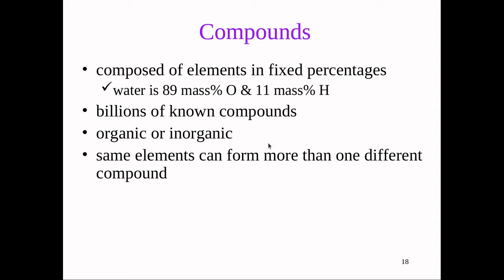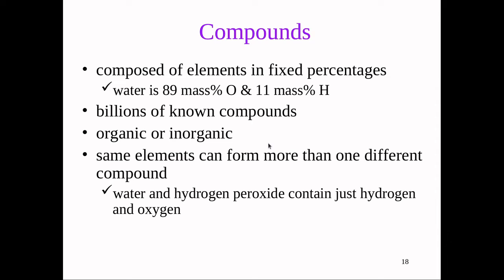The same elements can form more than one different compound depending on how they're bound to each other. For instance, both water and hydrogen peroxide contain just hydrogen and oxygen, right? Water is essential for everyday life, and hydrogen peroxide is fairly poisonous.